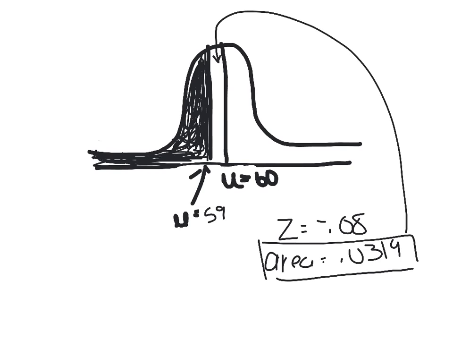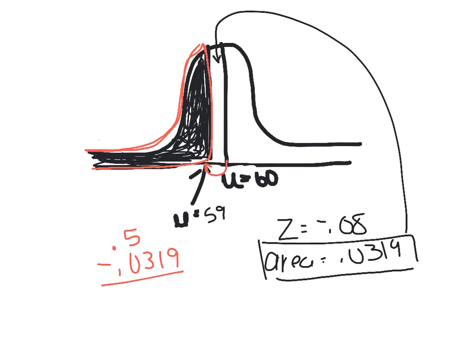And since the normal curve table gives you the area from the mean to the value that you looked up, you have to take 0.5 and subtract 0.0319 to find this shaded piece, which is the area that you are concerned with.